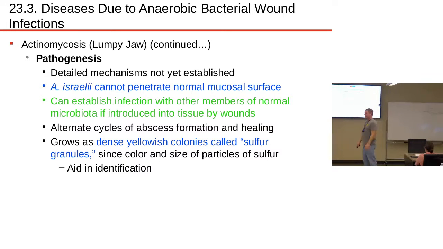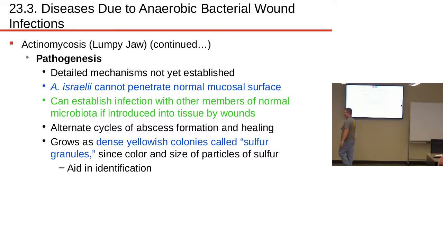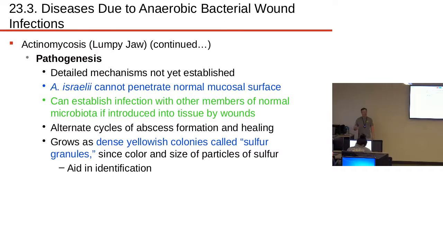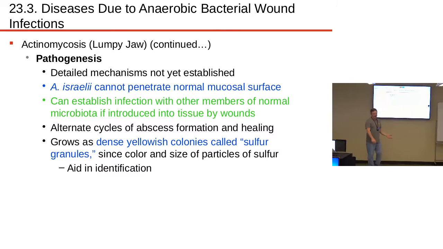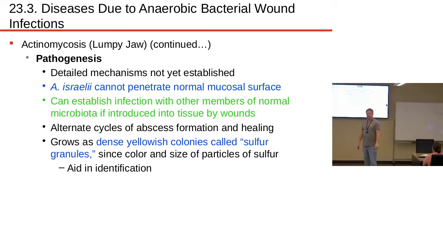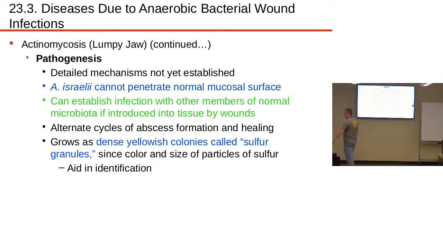So underneath the microscope, it looks like these little grains of sulfur, but that's not what it is. It just happens to be the color that this particular bacterium grows. So a pathologist getting a sample of the pus sent down to be looked at, that'd be one of the things that would be a tell for aiding in identification.